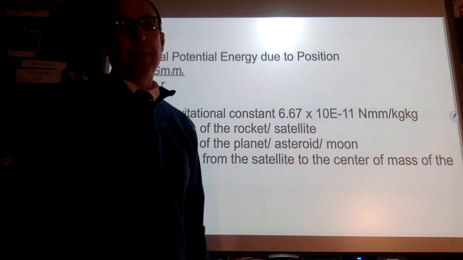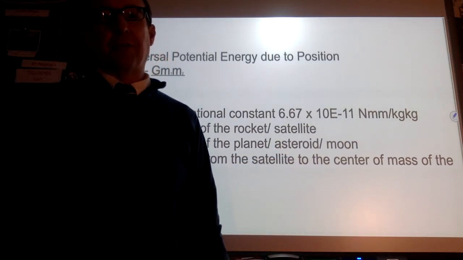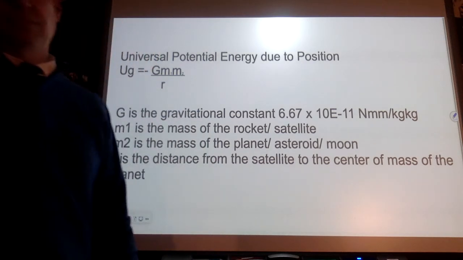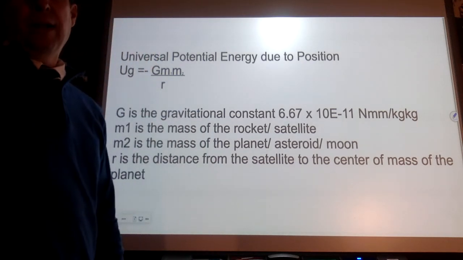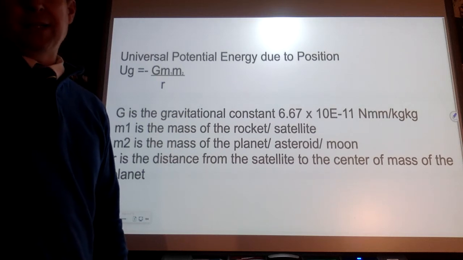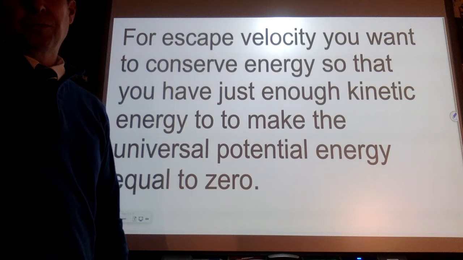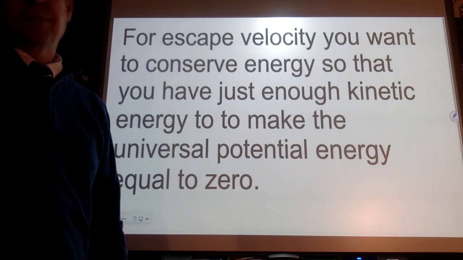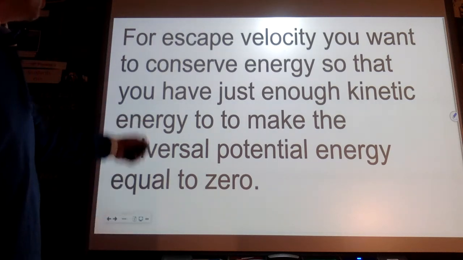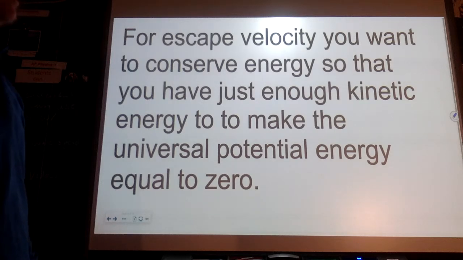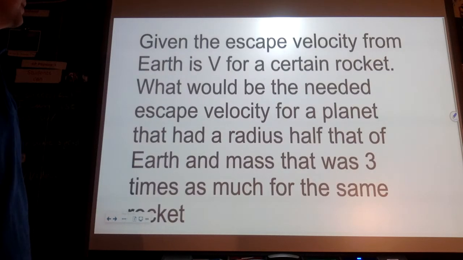Sometimes it's an asteroid, because you don't have to get very far from an asteroid for it to make a pretty big difference, or a moon. And like I said, r is the distance from the satellite to the center of mass of the planet. And so we want to have just enough kinetic energy, like I did in deriving it, so that we have no energy left over.